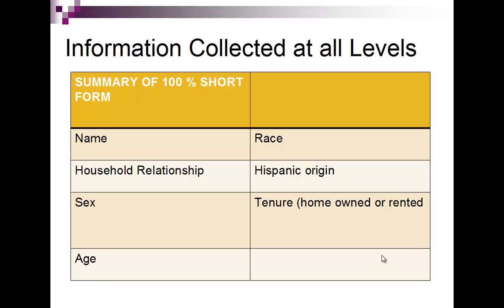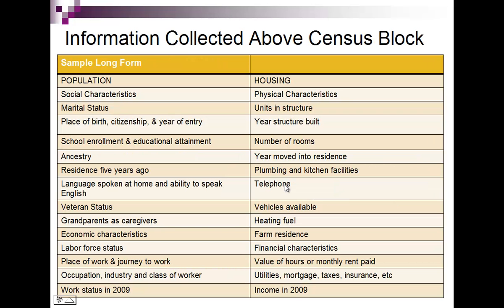But at the block level, at very small levels, this is some of the information that we have: our household relationship, our sex, male or female, our tenure, how long we own or rent our home, our age, race, and origin or ethnicity. And this is information that you can collect at any level.